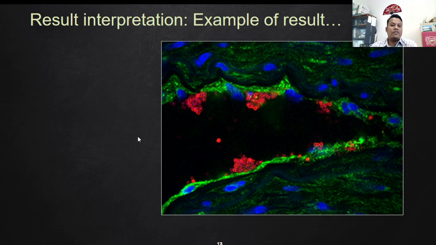So let's have a look at how to interpret the result for IF. This is an example of a result. This is a section of brain tissue infected by bacteria. These are bacterial pathogens, and these are the brain cells.